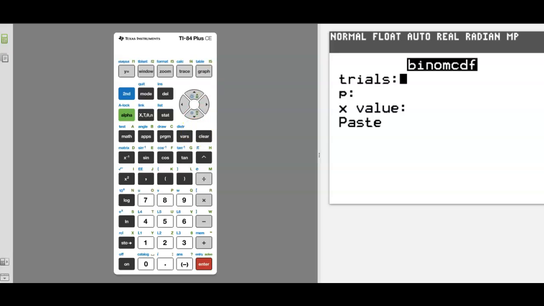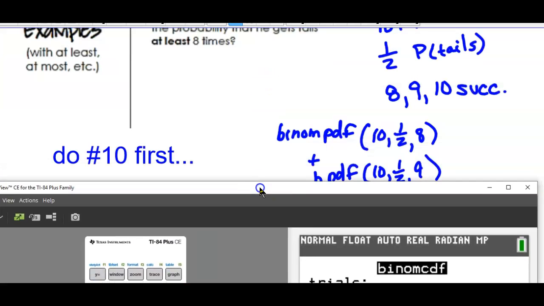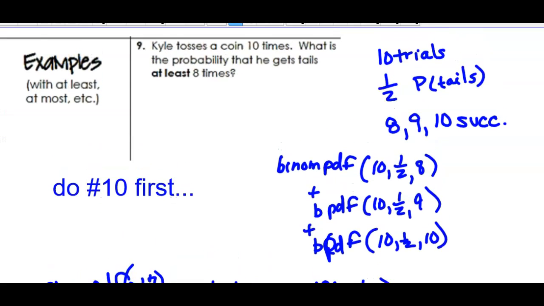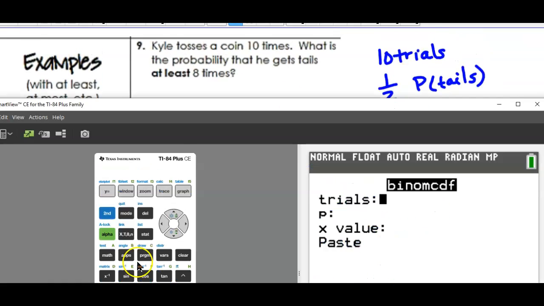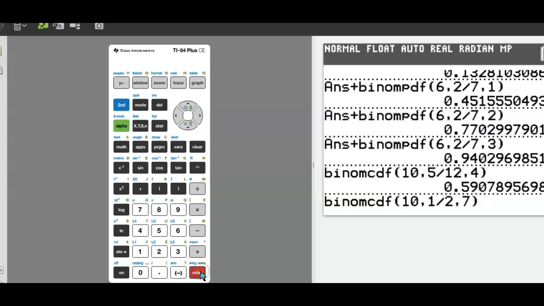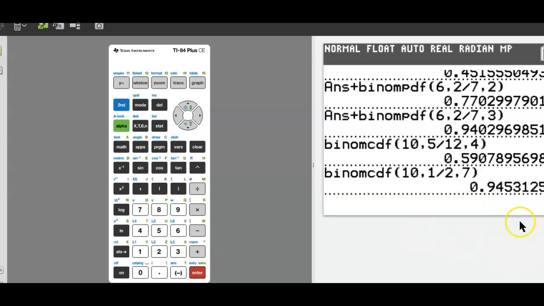I would want to say, still there were 10 trials and the probability was 1/2. And I wanted 7 or less. I want to add up all the probabilities of 7 or less, and I get this.